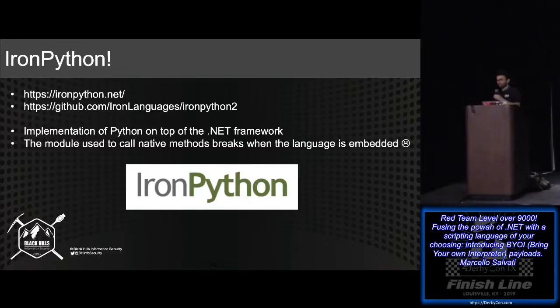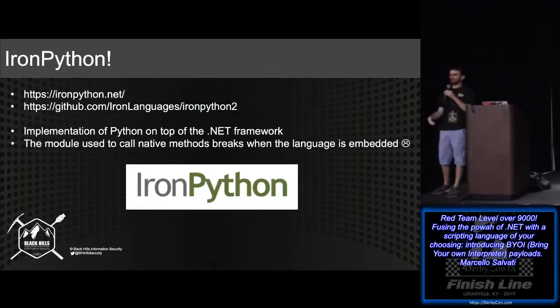So the first thing that we're going to look at, and the first one that I took a look at, is IronPython. And this is what started this whole rabbit hole. IronPython 2 is a Python implementation on top of the .NET Framework. The only problem with IronPython is that it supports PInvoke. PInvoke is what allows you to interop with native Windows API calls.